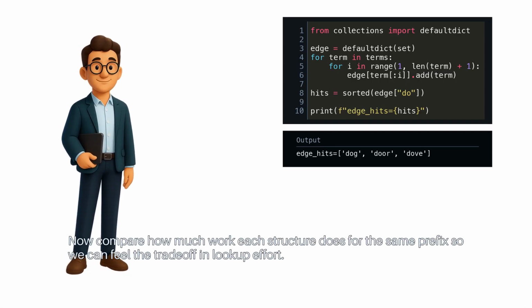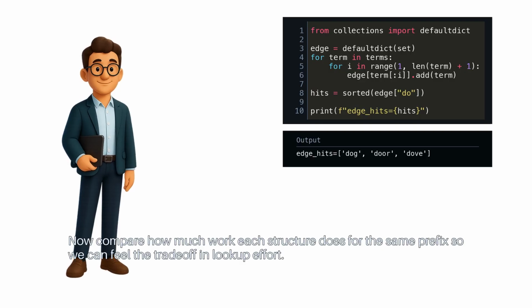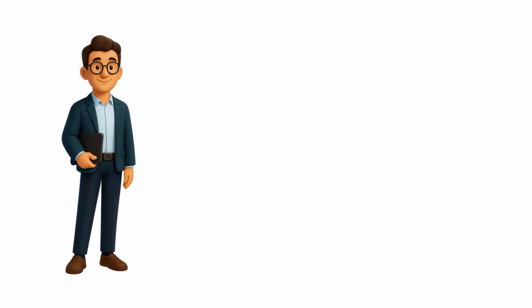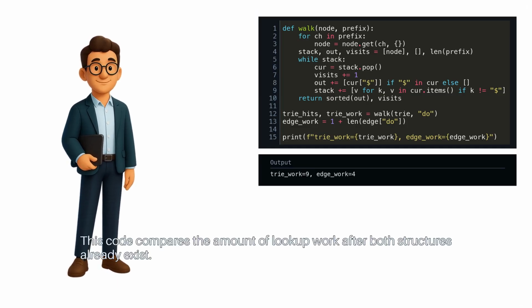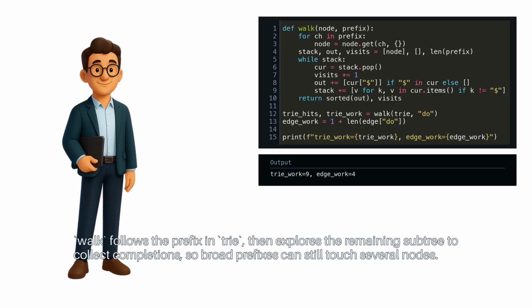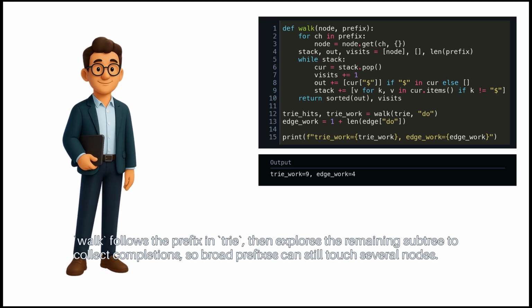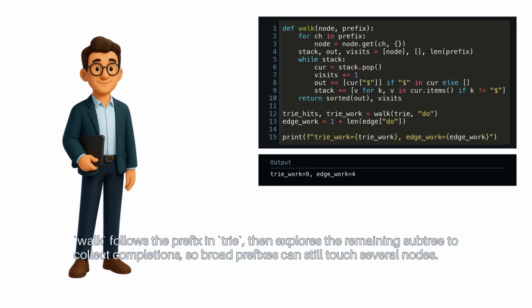Now compare how much work each structure does for the same prefix so we can feel the trade-off in lookup effort. This code compares the amount of lookup work after both structures already exist. The walk follows the prefix in the trie, then explores the remaining subtree to collect completions, so broad prefixes can still touch several nodes.